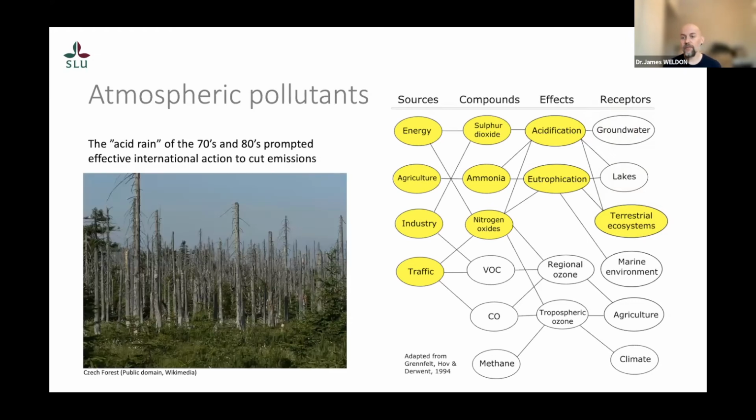This became a very important issue due to the so-called acid rain that was prevalent in Europe, at least in the 1970s and 1980s, which prompted international agreement and action to cut emissions. You can see here a forest that's being killed by acid rain in the Czech Republic. Lakes, of course, also suffered badly from this phenomenon.